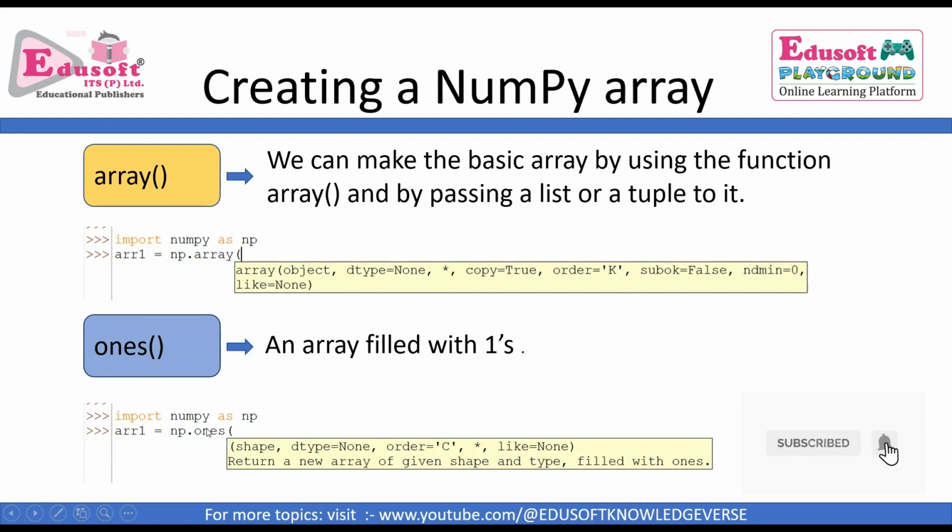You have to give the shape of the array you want to have. It will return a one-dimensional array of a given shape and type filled with ones. What if I want to have an array of size 6? So I have to pass 6 as an argument in ones. It will create an array having 6 elements in it.